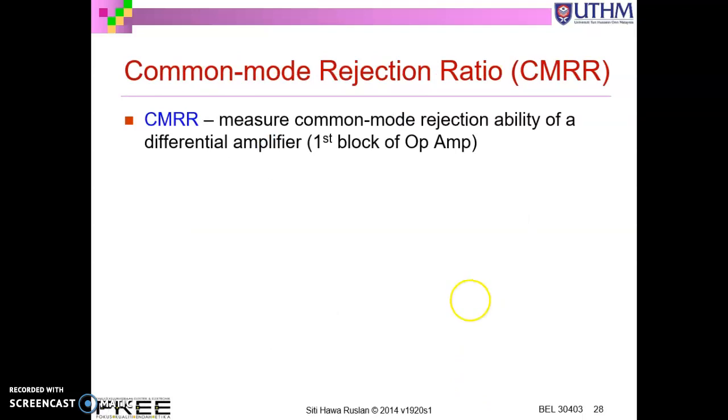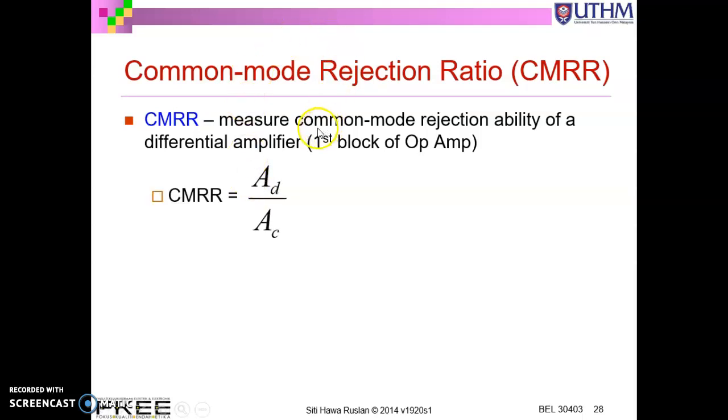Another characteristic of op-amp is called the common mode rejection ratio, or CMRR in short. The CMRR is a measure of the ability of op-amp to reject noise.